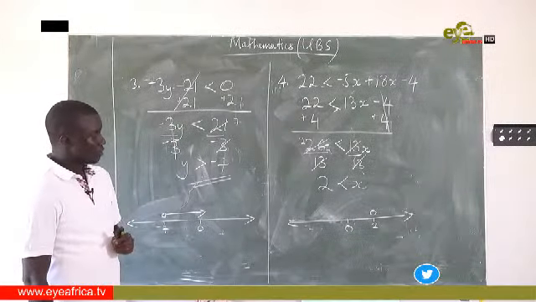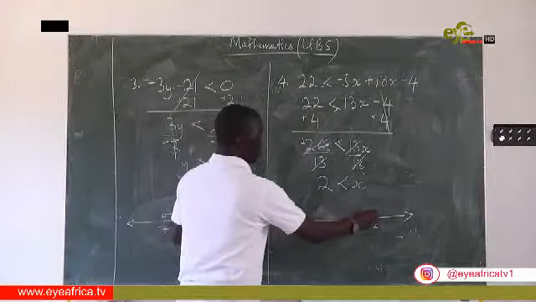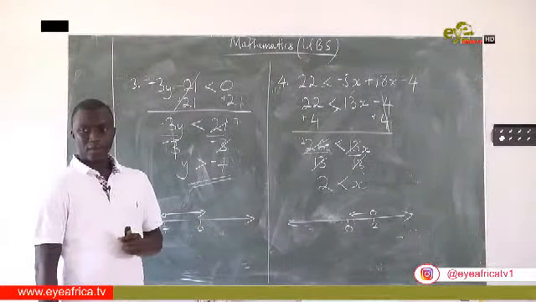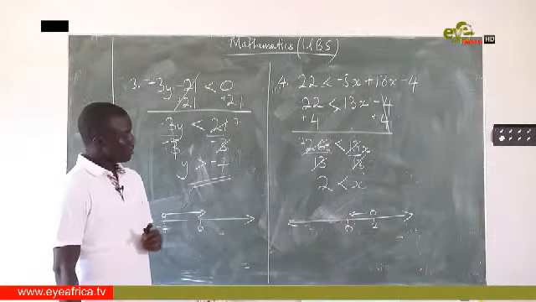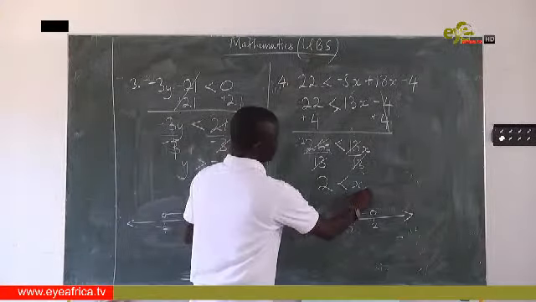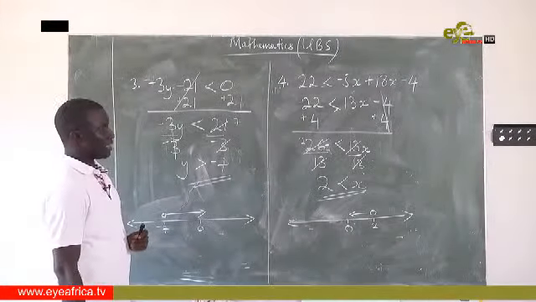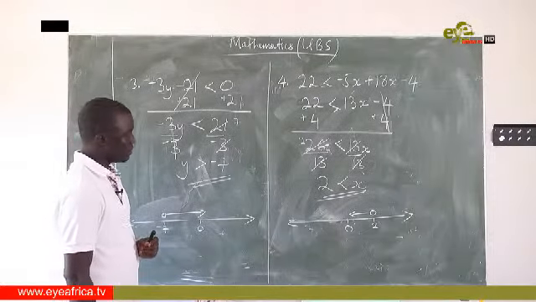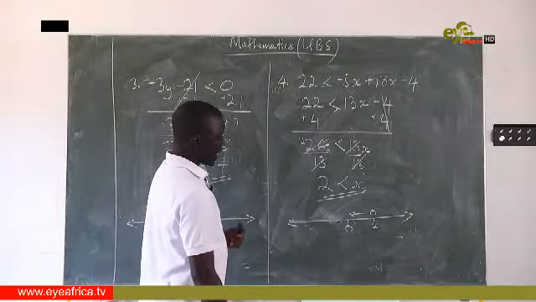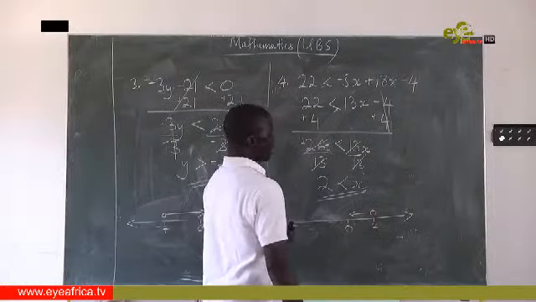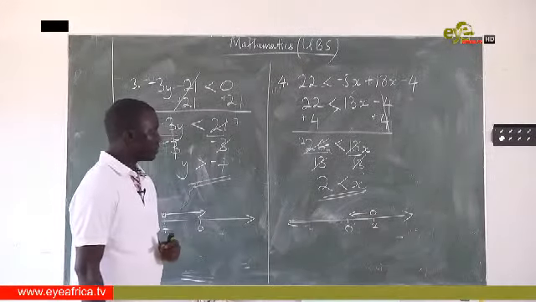After having an open circle, it points in the same direction as the inequality sign we have at hand.